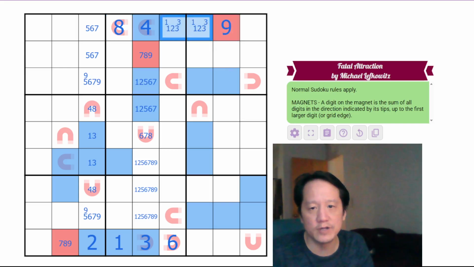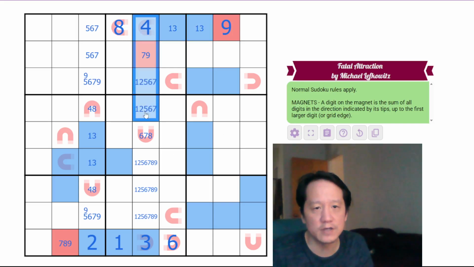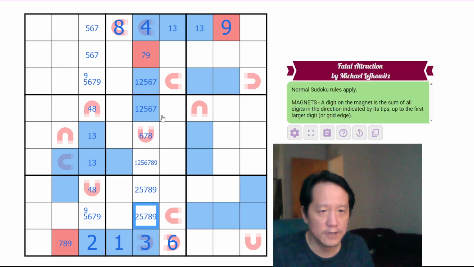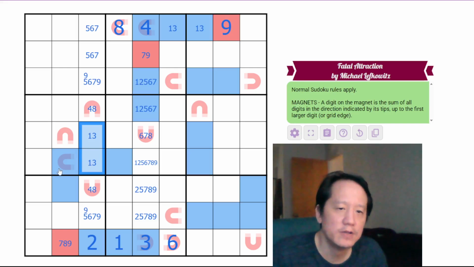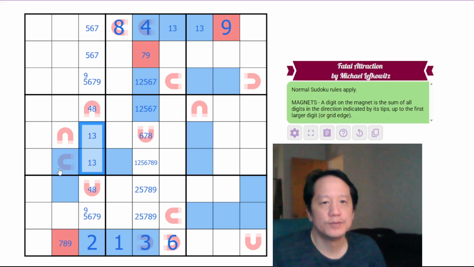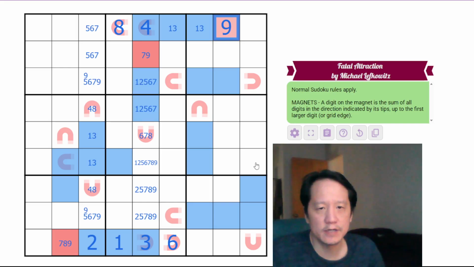This is 1, 3 as a pair. This can't be 8 because of 8 in the column. No 6 here because of 6 in the box. No 1 here because of 1 in the box. This is 1, 3 as a pair. Okay. This is 9 here.